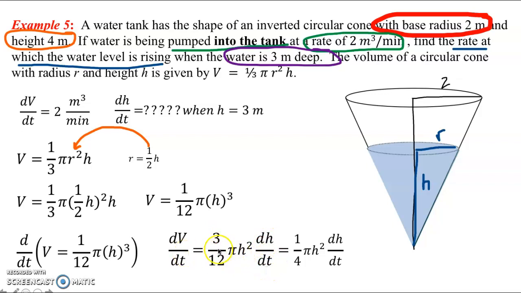And again, just cleaning this up, 3/12 is equal to 1/4. Now I have an expression of the rate of change in the volume in terms of the rate of change of the height of the water.